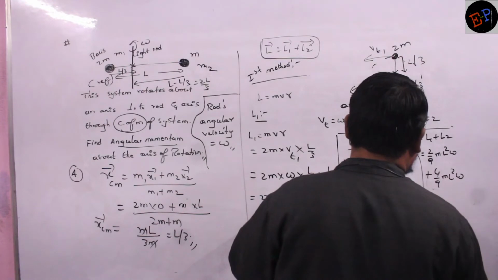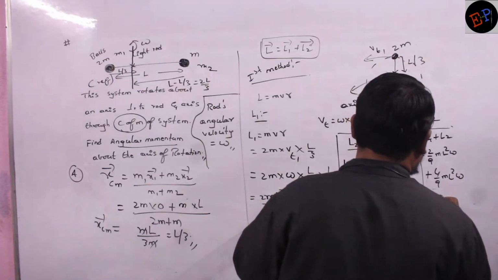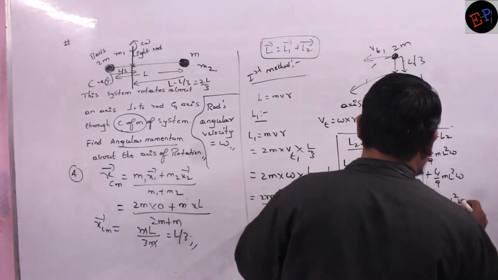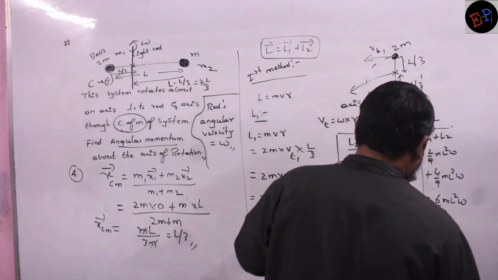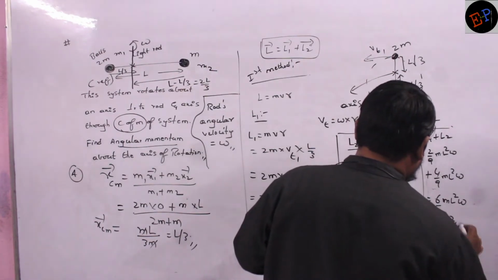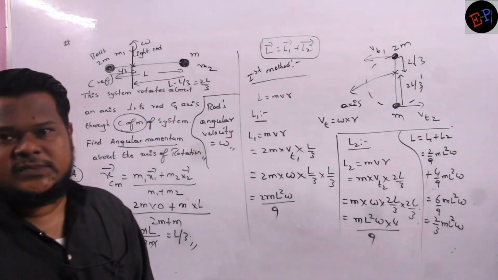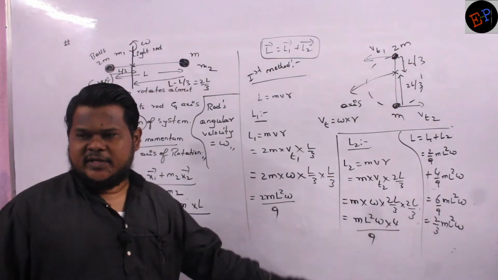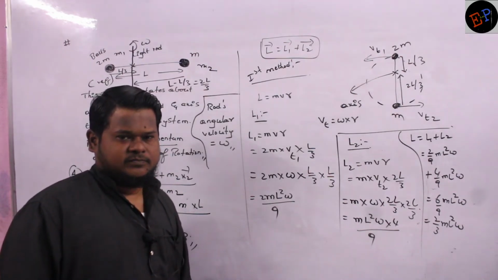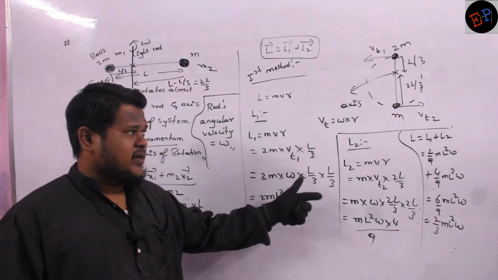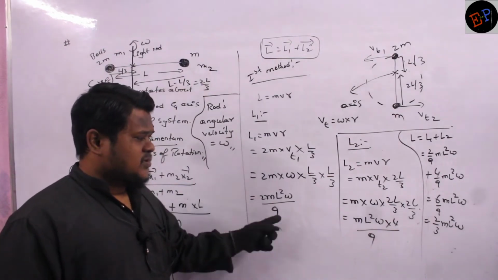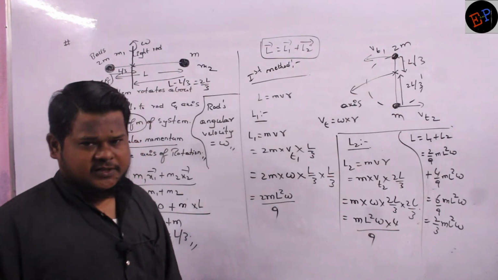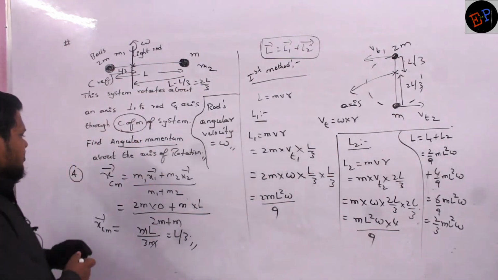So total how much? 2 plus 4, 6. 6 by 9 m L square omega. 6 by 9 means 2 by 3 m L square omega. That is my equation of angular momentum. Have you understood why we have added them? Because both angular momenta are in the same direction. So make a note of that point.